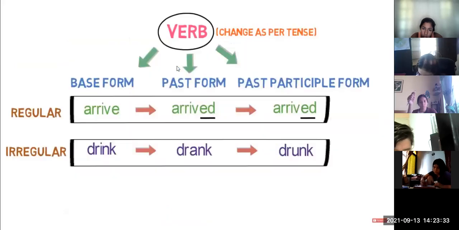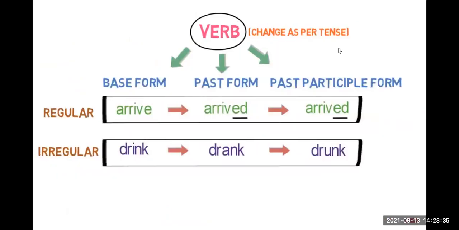Okay, so now we are going to talk about the verbs, okay? In English, we have three forms of the verbs. For example, we have the base form. This base form is the one we use in the present simple, right? The base form of the verb.